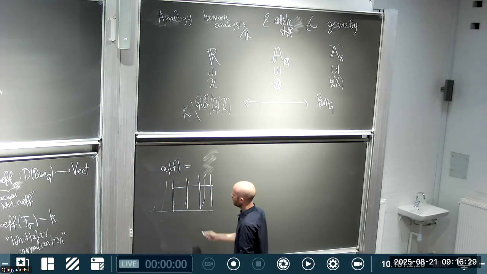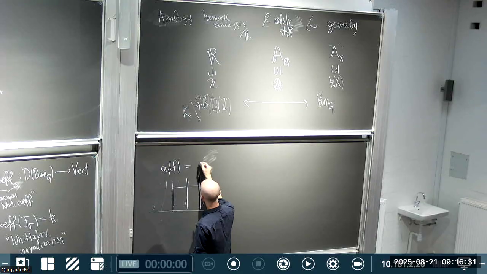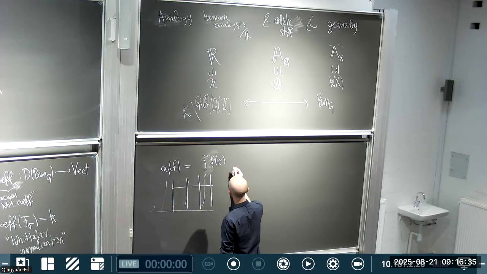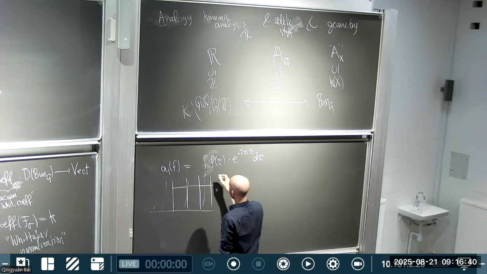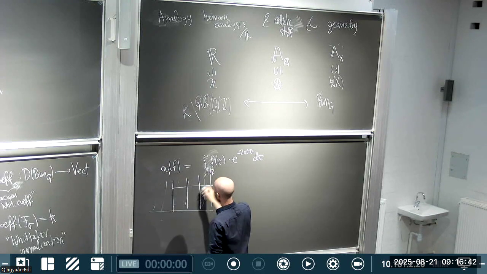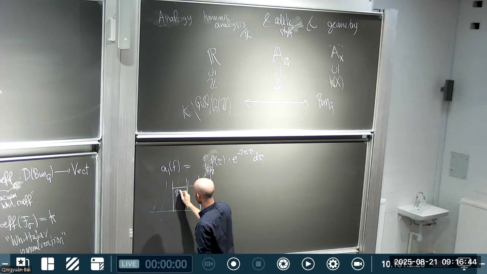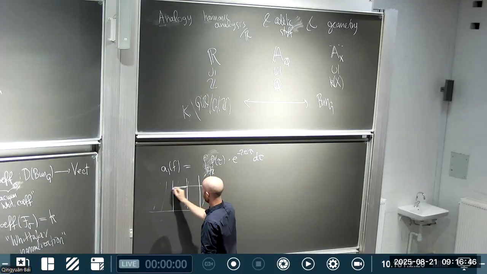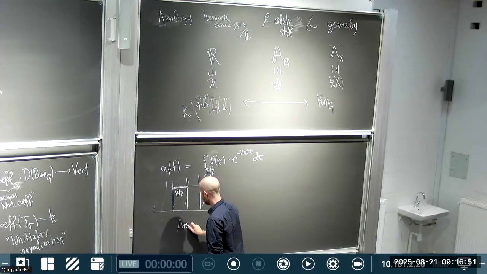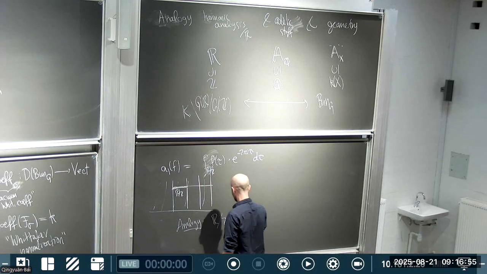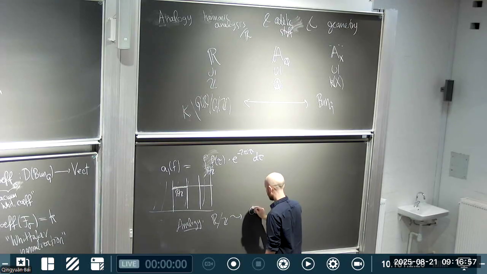And then what A1 of F is, it's the integral of f of tau times e to the minus 2 pi i tau, d tau, along R mod Z, which is my copy of R mod Z, this thing right here. And then what happens in our analogy is R mod Z gets replaced by the Adeles mod Q.